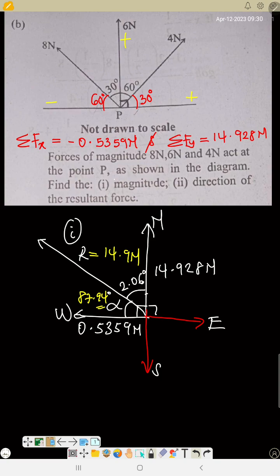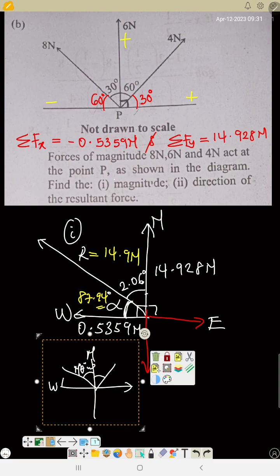So if you have cardinal points like this, this place is north, theta degrees south, north theta degrees west. So here will be north theta degrees north of west. So it depends on your direction.